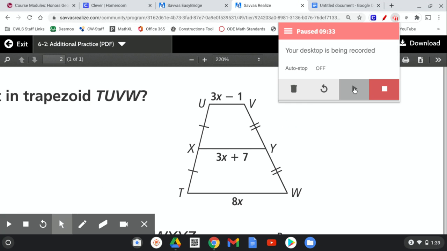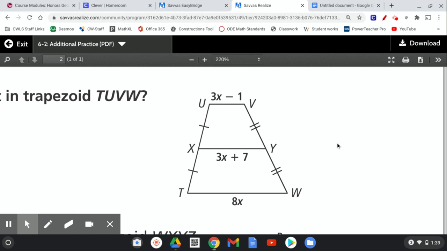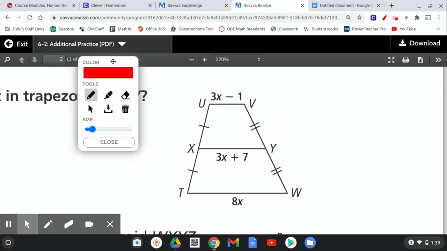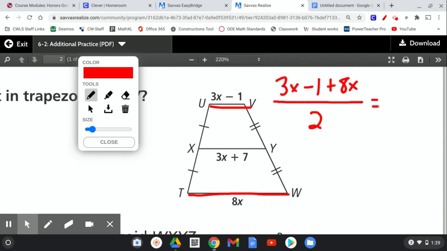So let me pause. You guys could also have a problem where we're using expressions, and for this problem right here, we know that XY is the mid-segment, UV and TW are the bases. So we're going to add up those bases. So we're going to do 3x minus 1 plus 8x, divide that by 2, and that is going to equal the length of the mid-segment, which is 3x plus 7.